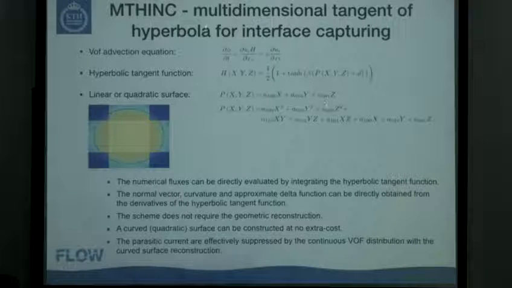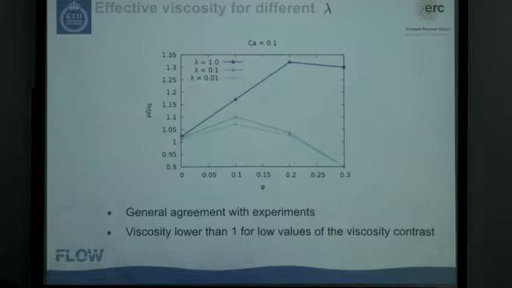You assume the interface to have this hyperbolic tangent, and then you approximate normal and curvature in a classical way, but you still assume that you know exactly these hyperbolic tangent functions. You don't need to do geometric reconstruction, which is usually the most time-consuming part in volume of fluid methods. You can easily have linear, quadratic, or other approximations. And this is shown to be very efficient and fast, because it's extremely local if you have parallel computation, and you remove the spurious currents. So this is good.